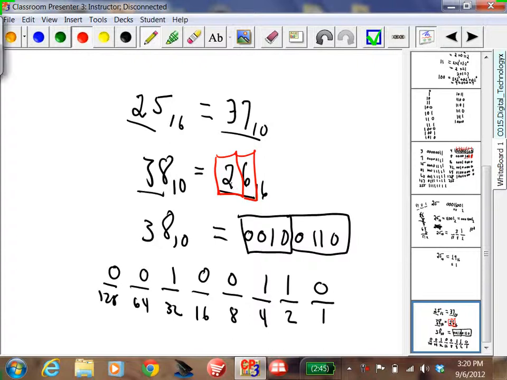Take the first hex digit and write it as 4 binary digits. And you take the second hex digit and write it as 4 binary digits. Hexadecimal is sort of binary shorthand. Hexadecimal is writing binary 4 characters at a time.